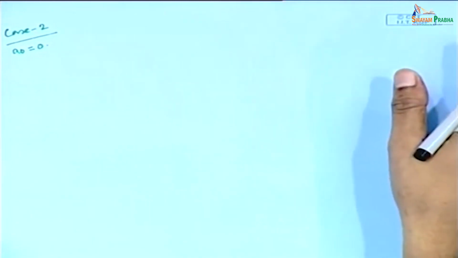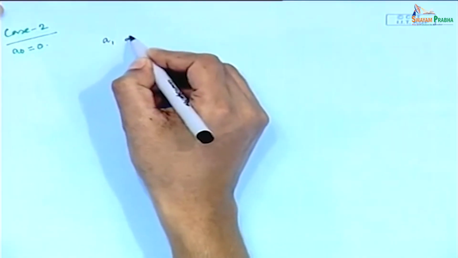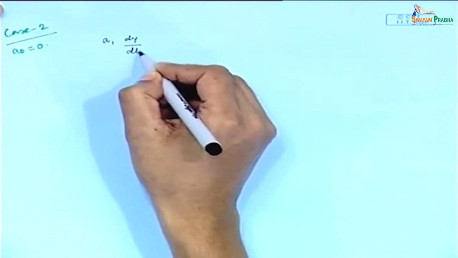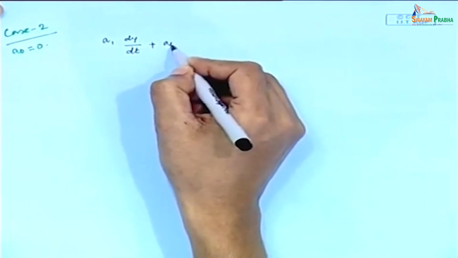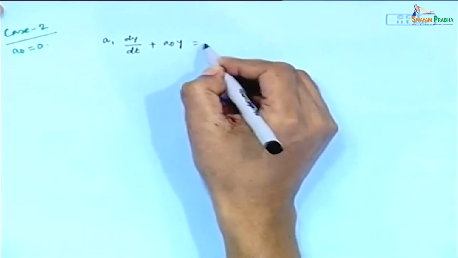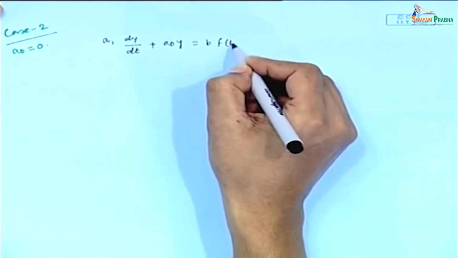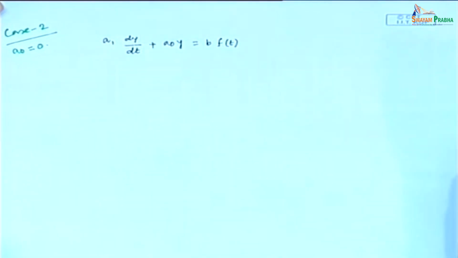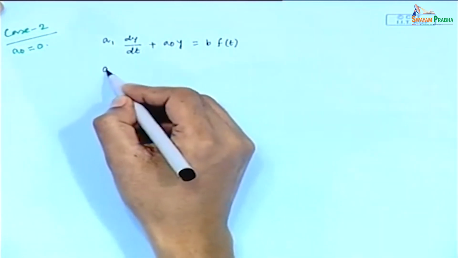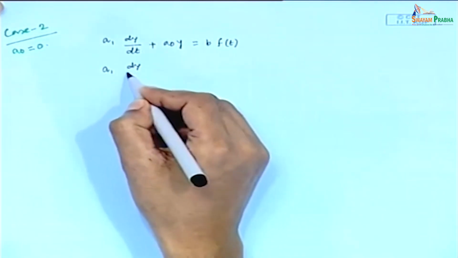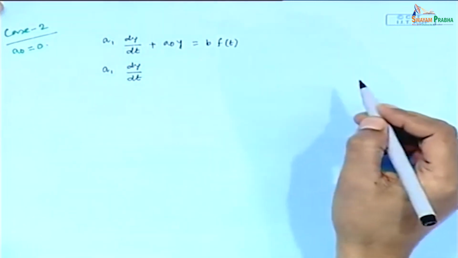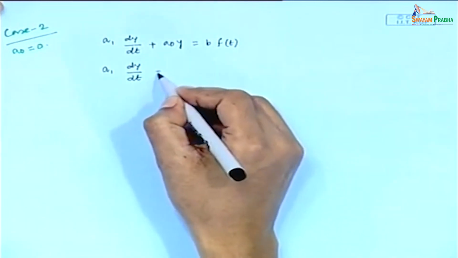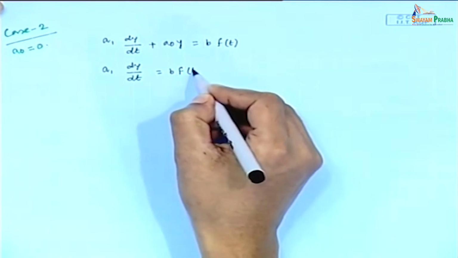Our original equation is a1 dy dt plus a naught y equal to b f t. This is the original equation. Now, if we consider a naught equal to 0, then this becomes a1 dy dt equal to b f t.